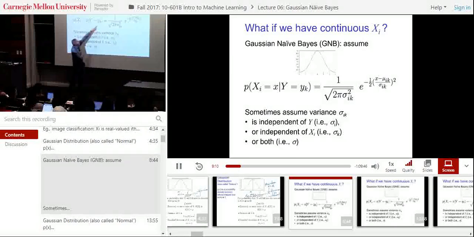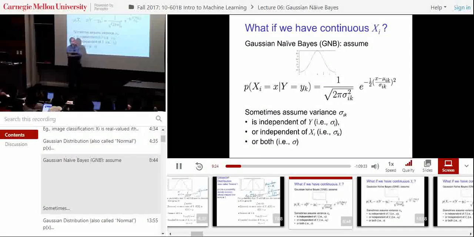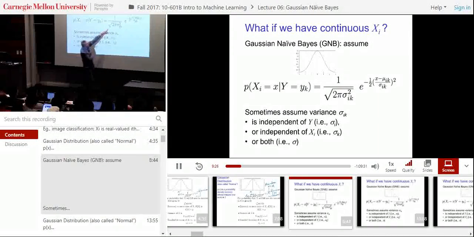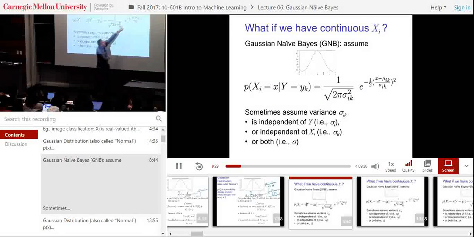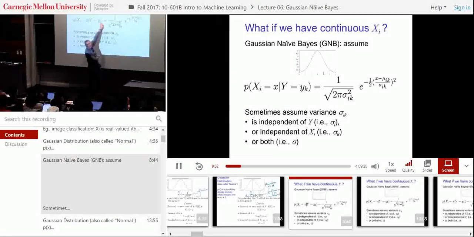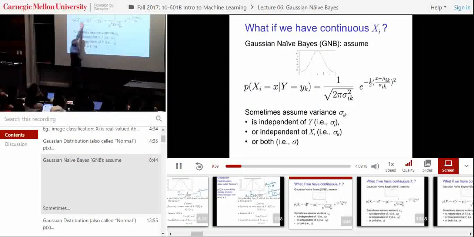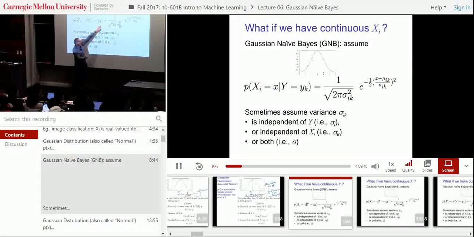And because we want this to depend on the value that y does take on, if y takes on its kth possible value, then this ought to be a different Gaussian than if y takes on some other value. So we're going to have our Gaussian depend on what y sub k is. For each x sub i, which is continuous valued, we define a different Gaussian distribution for each discrete value that y can take on.